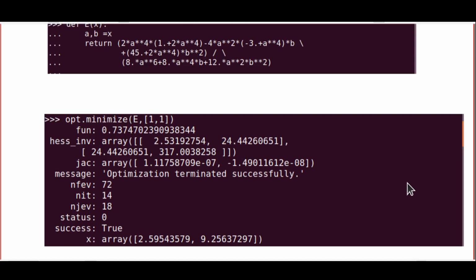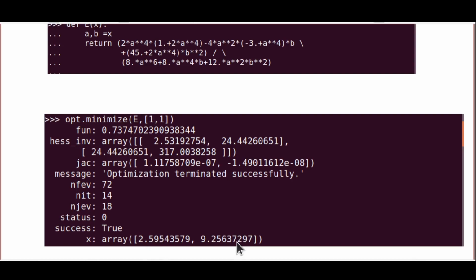But what is important is that this is telling us what the minimum value for the function that it has achieved is. It's saying that the minimum it has achieved is 0.7374, etc. And that has happened at, what this last line is saying, the value of x. Remember A and B, given by 2.59 for A and 9.25 for B.